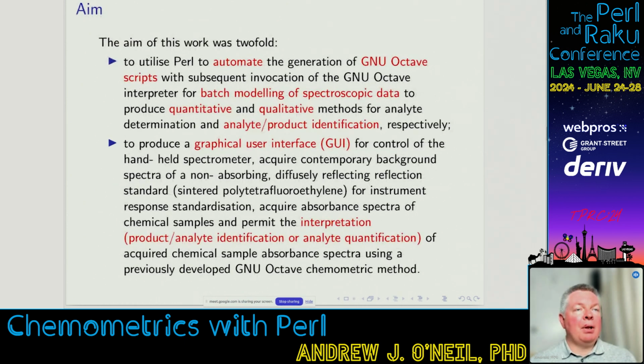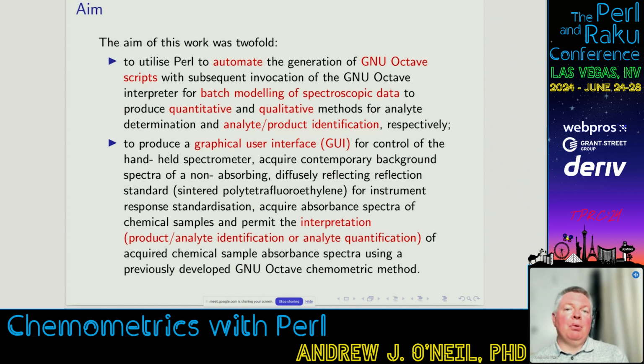Moving on now, so that was the fun bit, the theory. Moving on to the aim of this. The aim of the work that I've done was to automate the generation of scripts in a mathematics programming language called GNU Octave, which is similar to MATLAB.